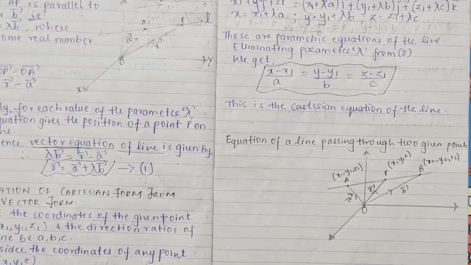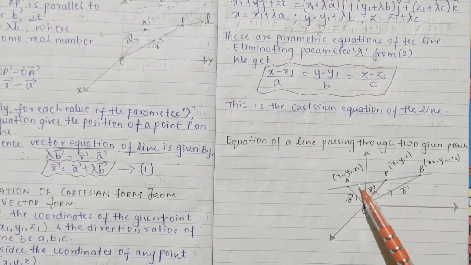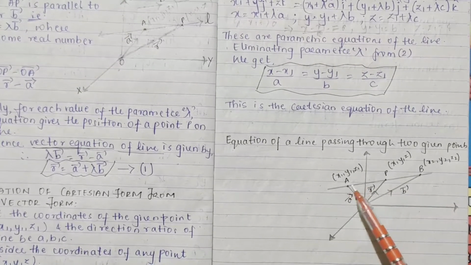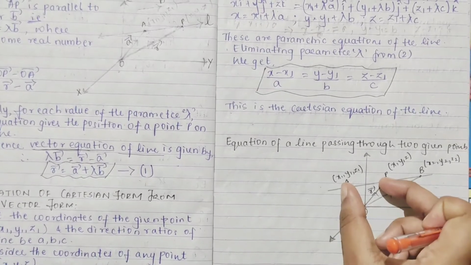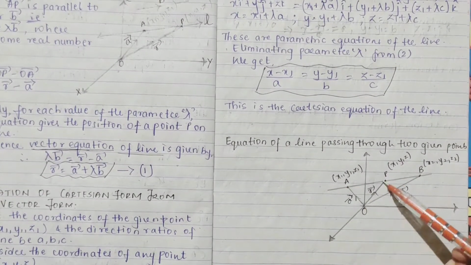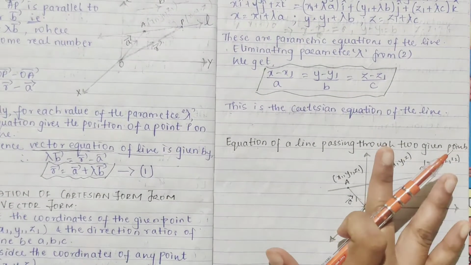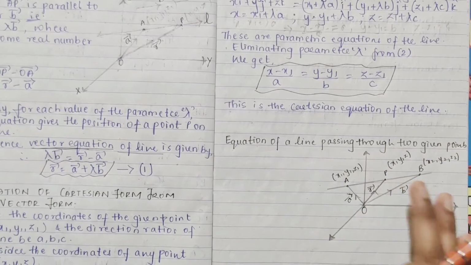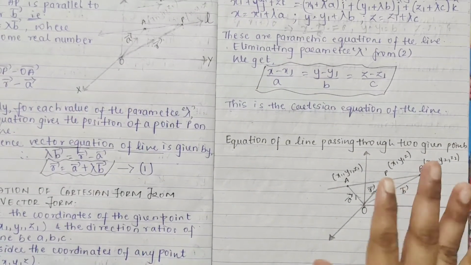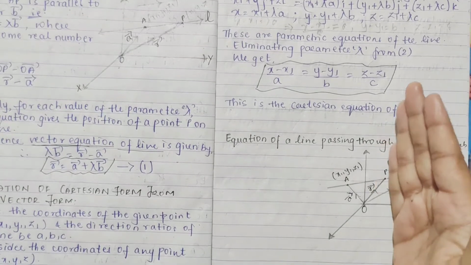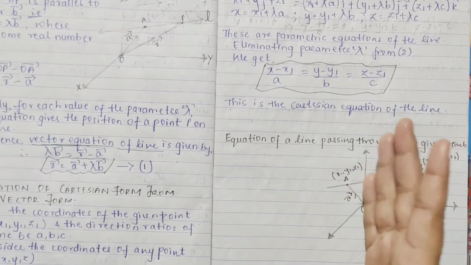So this line, vector AP, you are taking, vector AP will be equal to what? You can see vector B and your vector R are on one side and your vector A is on the other side.